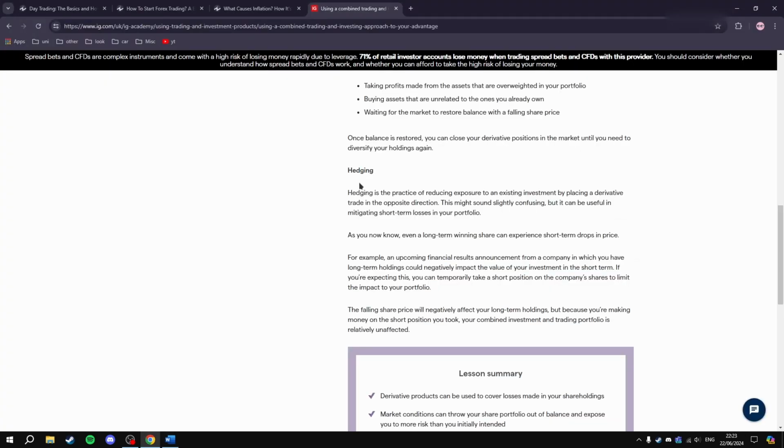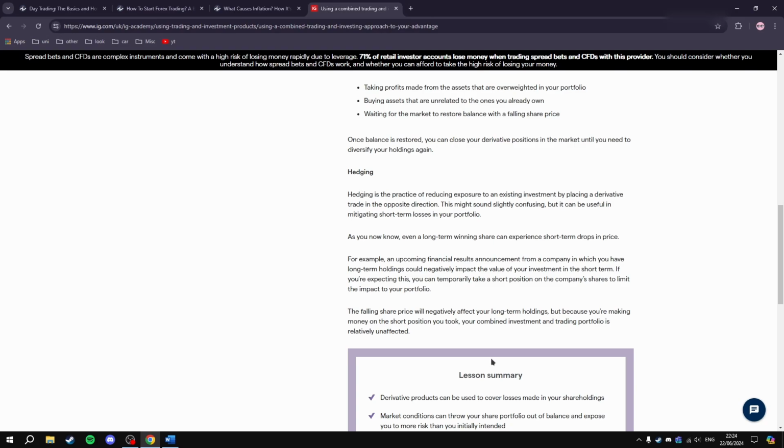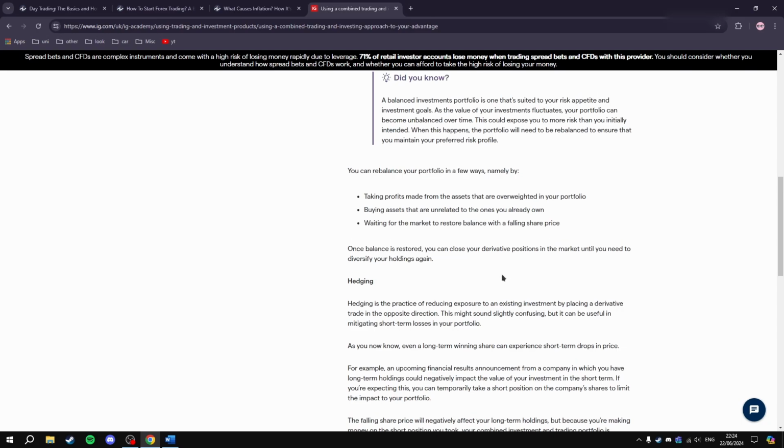So if an asset has grown too much in value, is that what they're trying to say? Then just basically take profits from them and sell them? But I don't see how that's going to lower the risk or rebalance your portfolio to your preferred risk profile though.